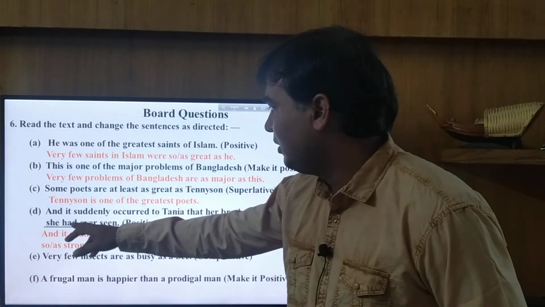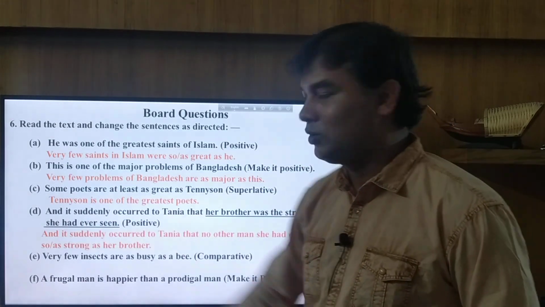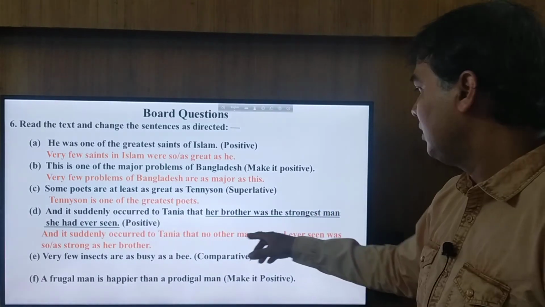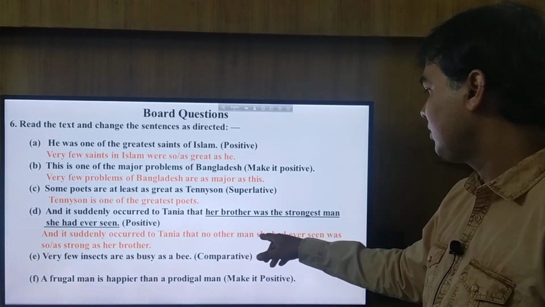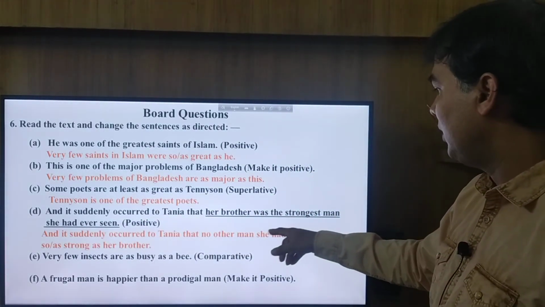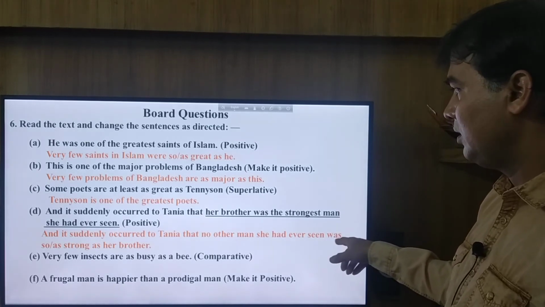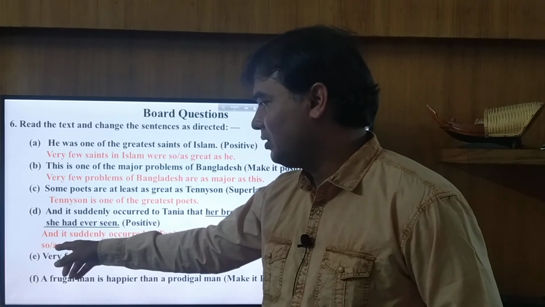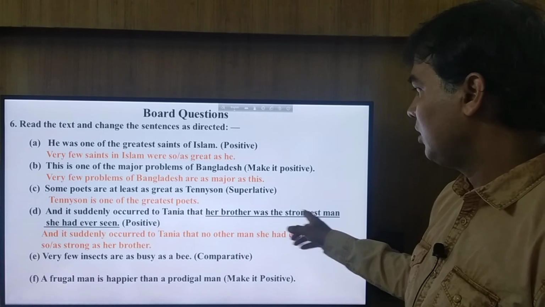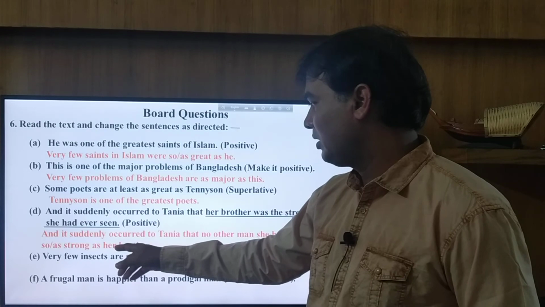Now, her brother was the strongest man she had ever seen. No other man, then the additional words she had ever seen. So, no other man she had ever seen. Now you should write the verb was. Now so or as according to the rule, then the positive form of the adjective strongest. Here you should write strong, then as according to the rule, then the subject her brother.